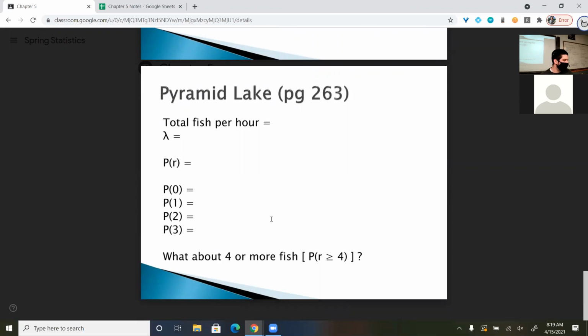All right, so I'm going to paraphrase a problem that's in the book. It's talking about going to an Indian reservation, and there's a lake called Pyramid Lake located in Nevada. And the lake is described as a love jewel in a beautiful desert setting. But in addition to its natural beauty, the lake contains some of the world's largest cutthroat trout.